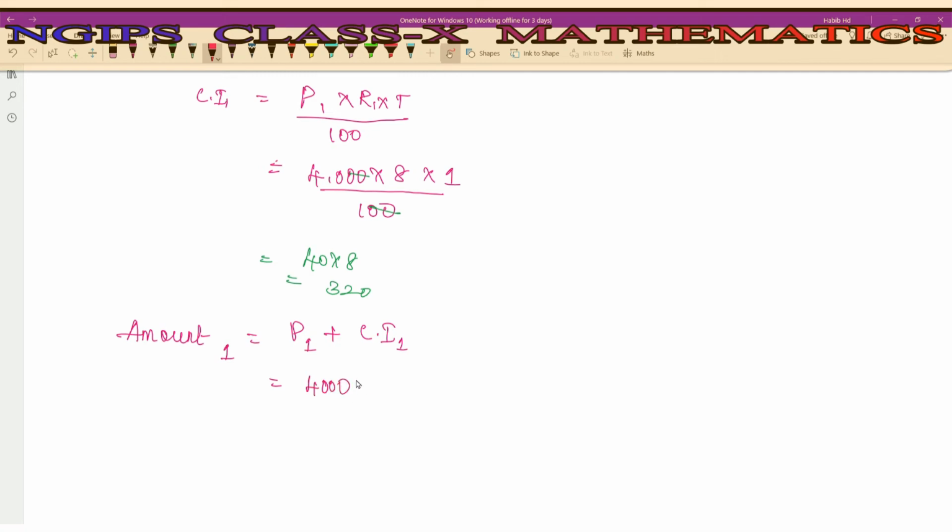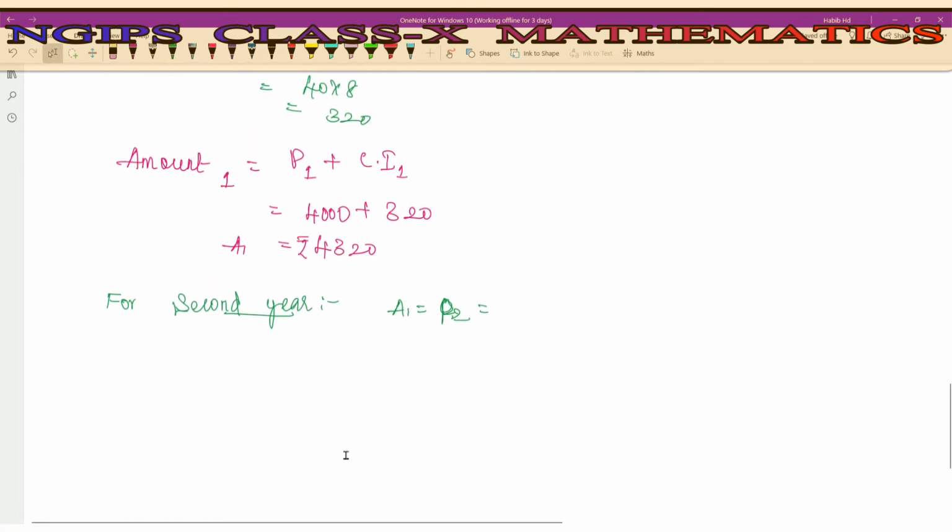I can write 4,000 plus compound interest 320. If you add, you will get 4,320 rupees. So this is the first year amount, and now we are going to calculate for the second year.